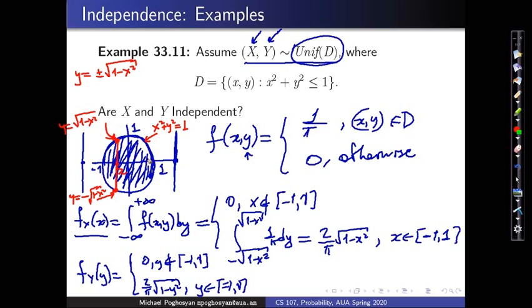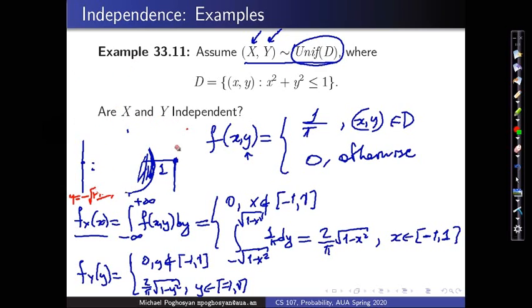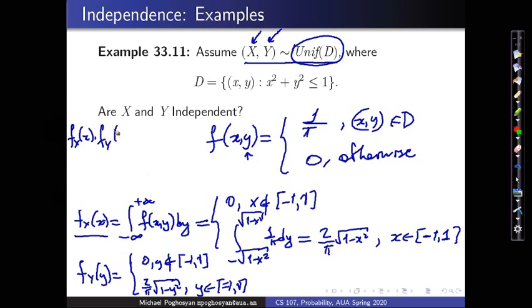I will erase this part. I need a space to write. So what I'm doing, I'm calculating this product. The product of marginal PDFs is equal to the following.